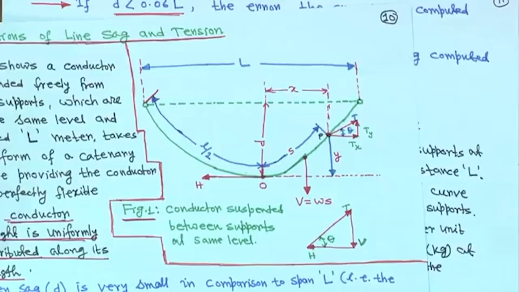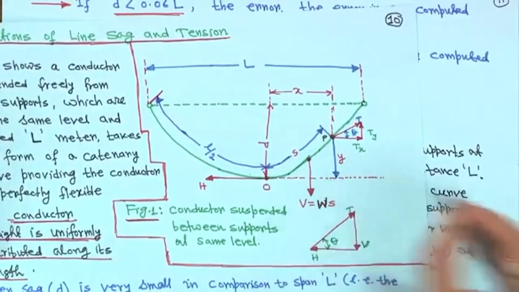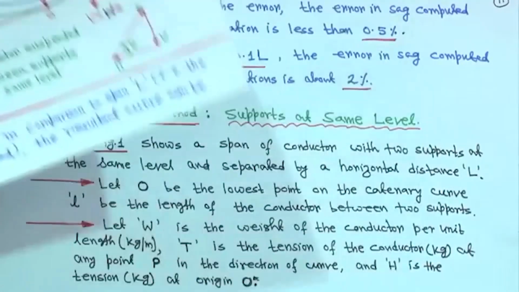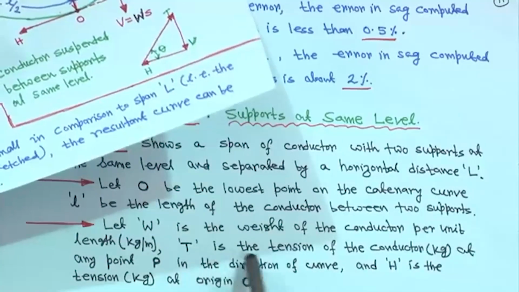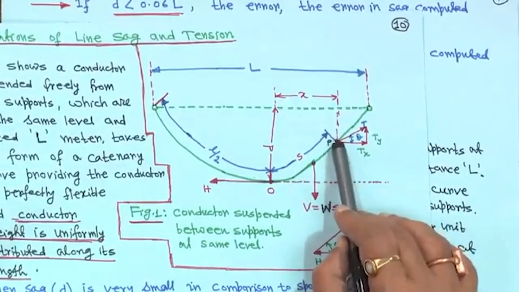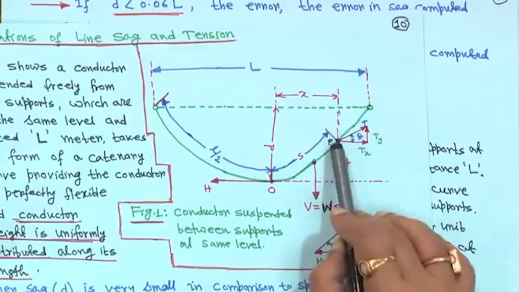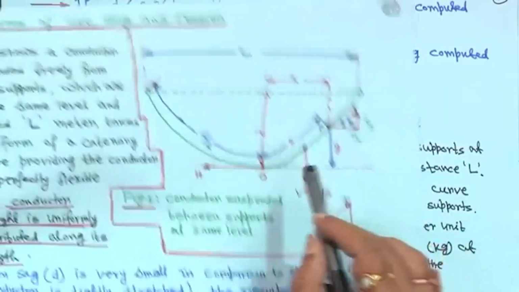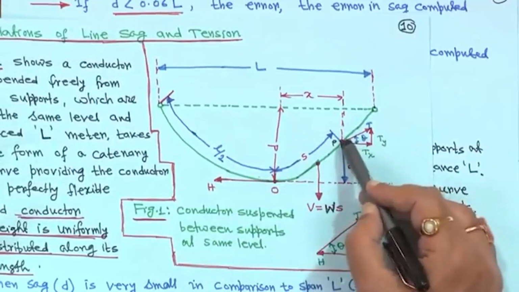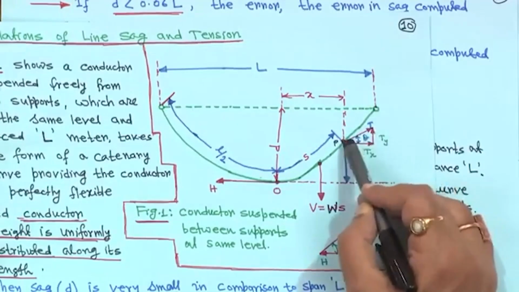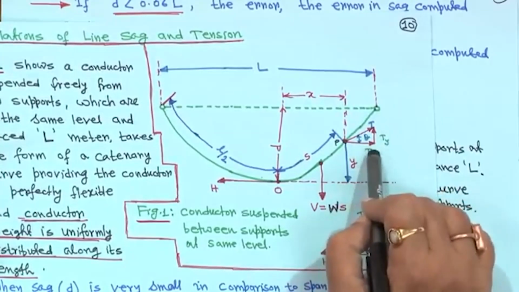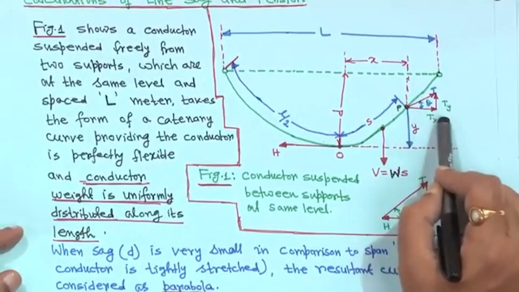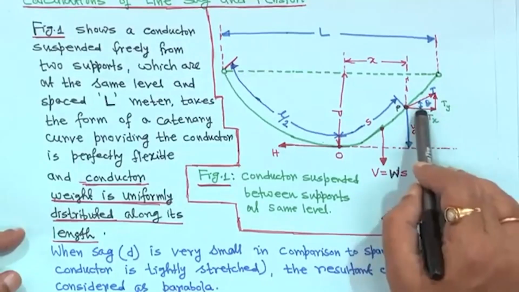T is the tension of the conductor at point P, in the direction of the curve, and H is the tension at the origin, the horizontal tension. T acts in the direction of the curve; its horizontal component is T x and its vertical component is T y, and the angle between T and T x is theta.